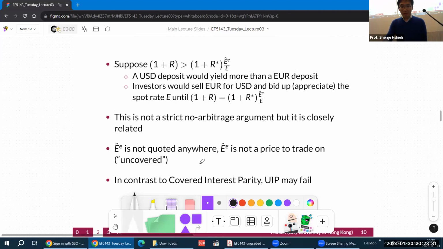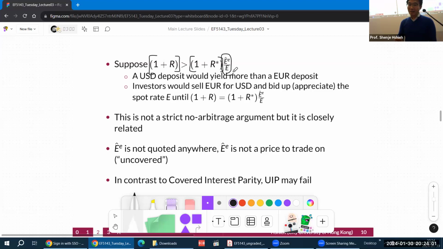So here's the description of what goes on here, all right? Suppose you have a violation in which the domestic currency bank deposit return exceeds the foreign bank deposit returns after expected currency conversions, after accounting for expected rate of depreciation of the home currency.